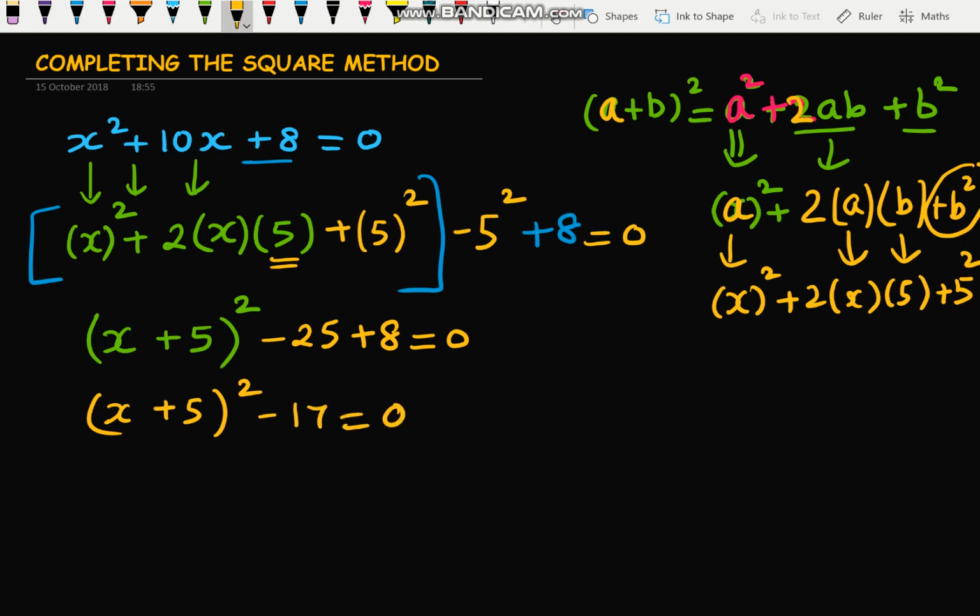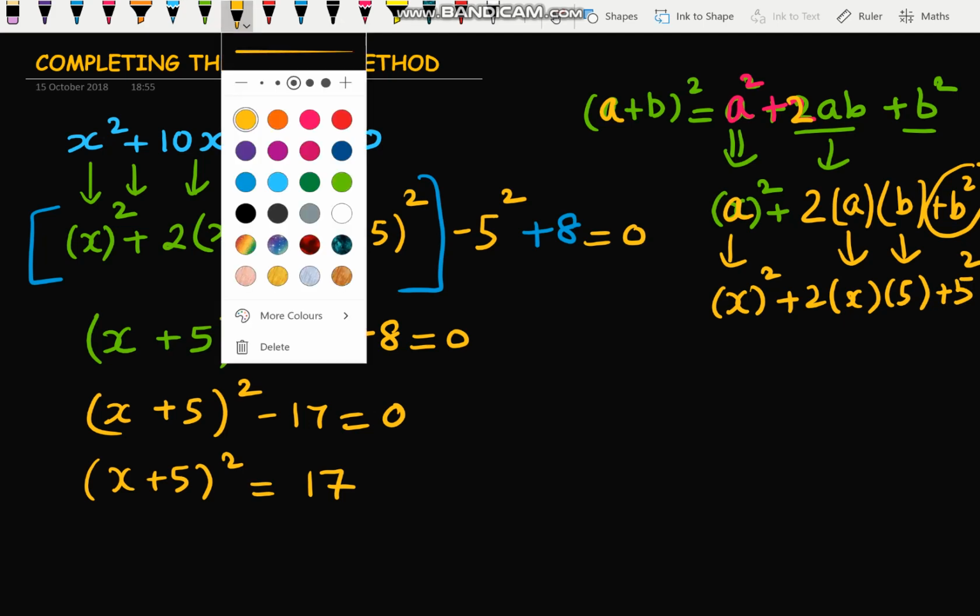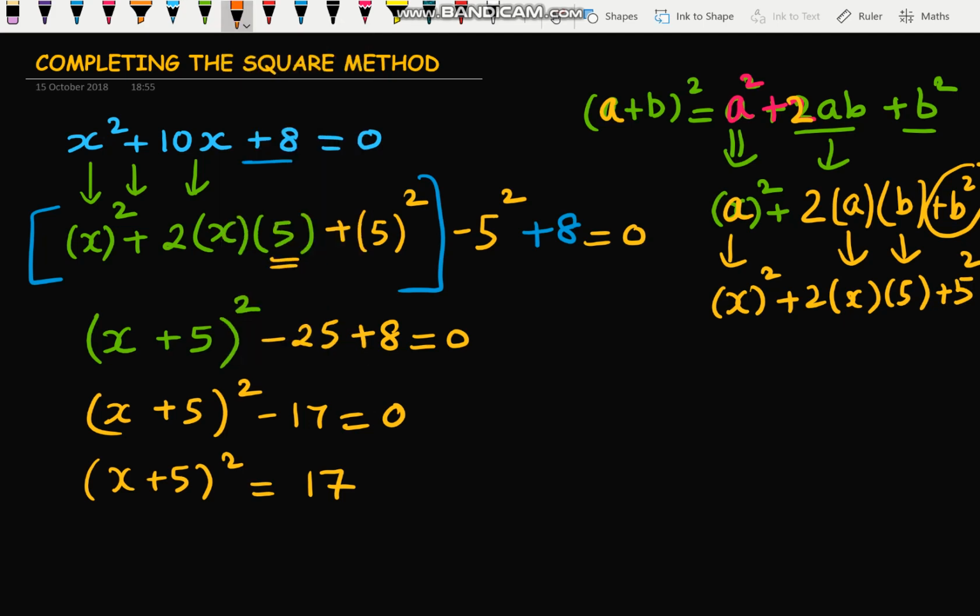Okay, I'm writing it, showing you all the steps. Therefore, x plus 5 square is equal to 17. Now, if you want to get the value of x, what are you going to do? You're going to simply take the square root of both the sides. So I'm going to write all of them in the square root. So this becomes x plus 5 square equals square root of 17.